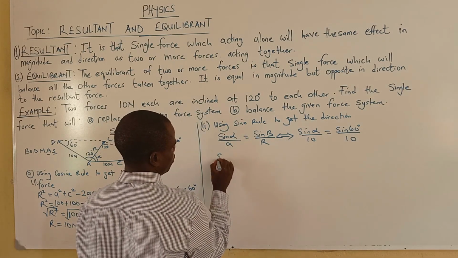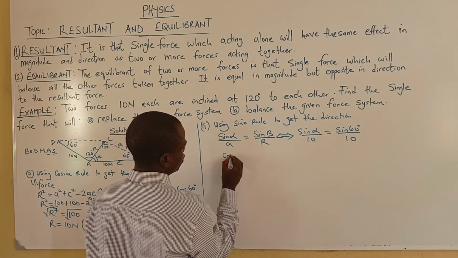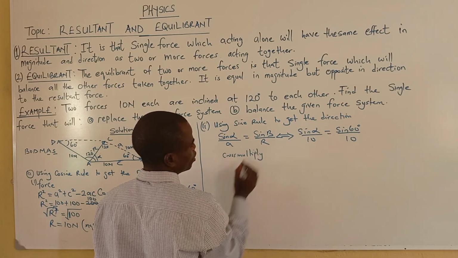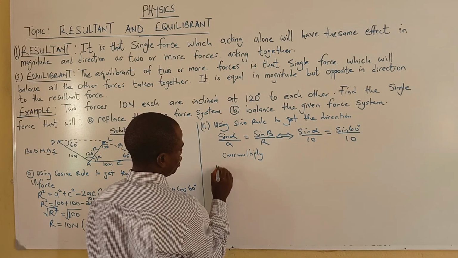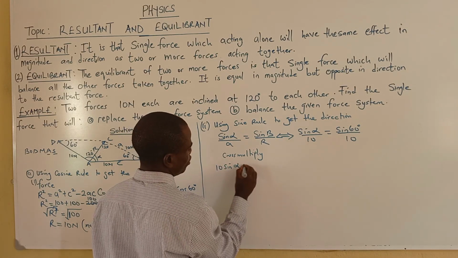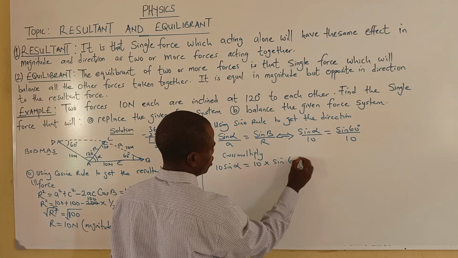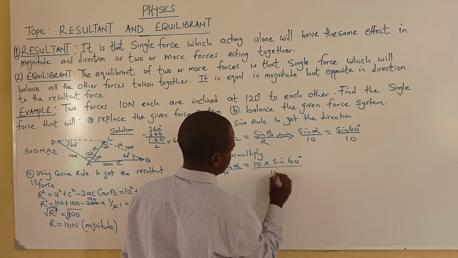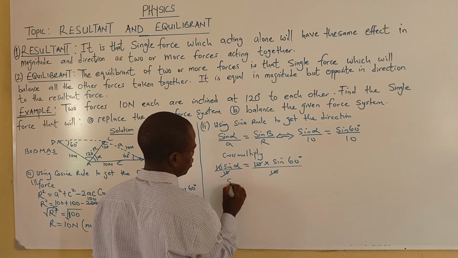Now you cross multiply. You have 10 sine alpha equals 10 times sine 60 degrees. Divide both sides by 10. 10 cancels 10.